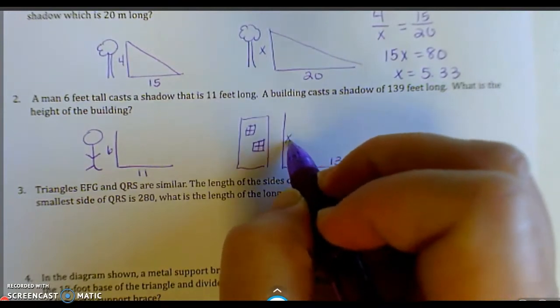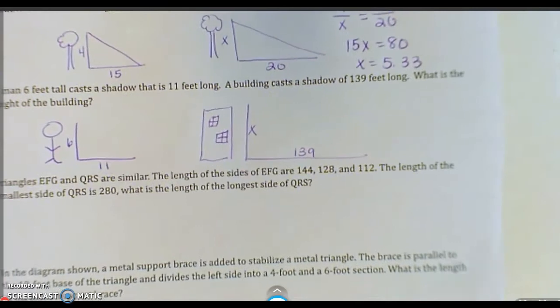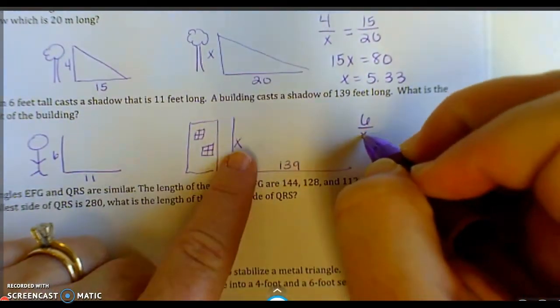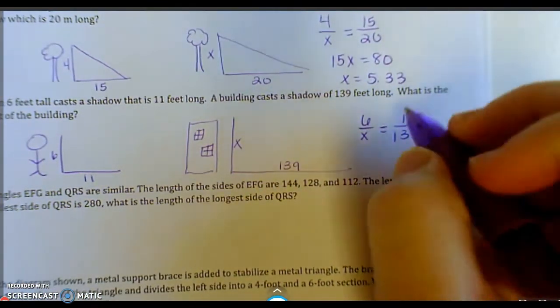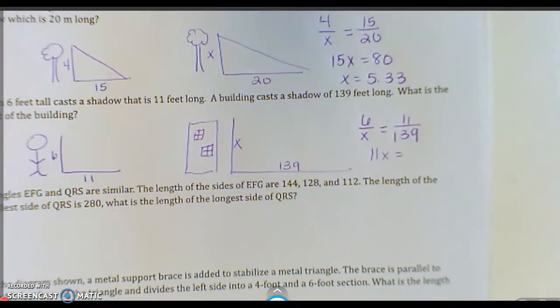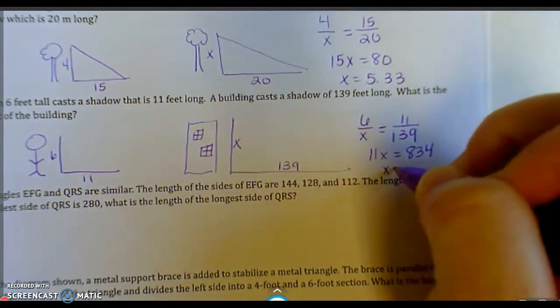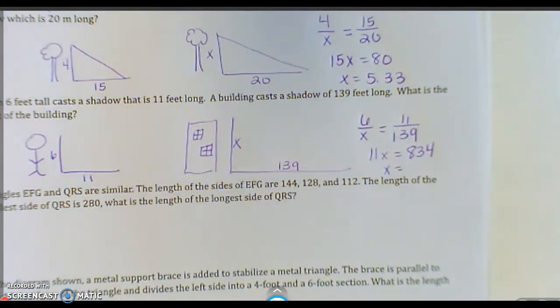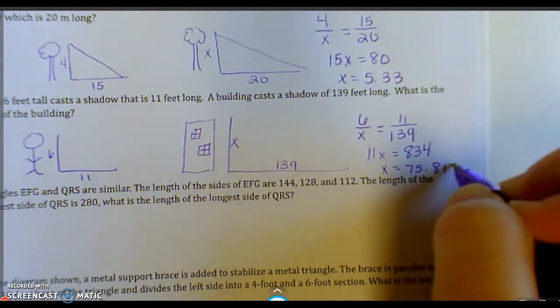It wants to know how tall the building is. We can make those triangles if we need to, or we can just do it like this. So we have 6 over x equals 11 over 139. Cross multiply, we have 11x equals, we're going to multiply 6 times 139. Get 834, divide both sides by 11. And we do get a decimal, and that is okay.